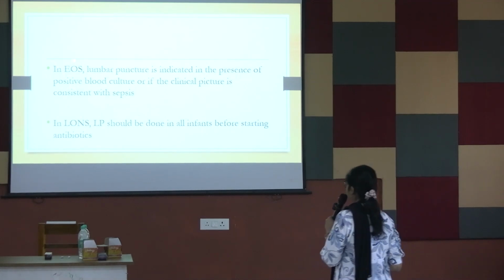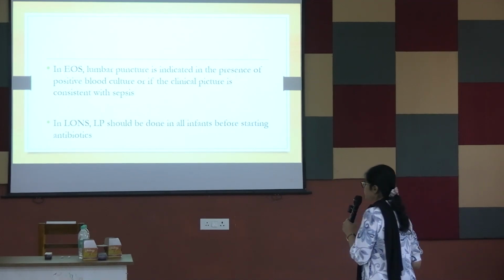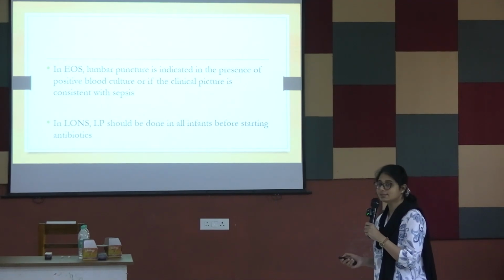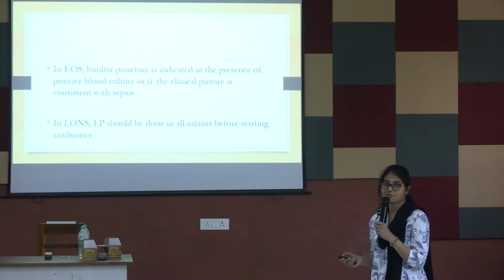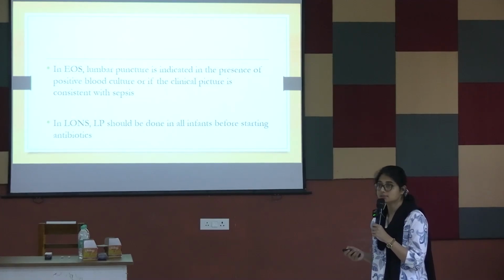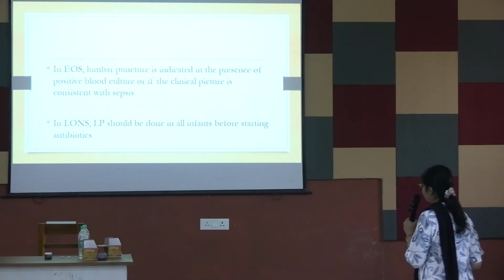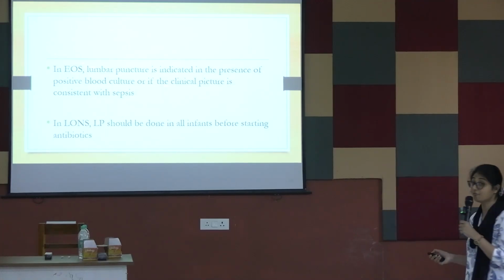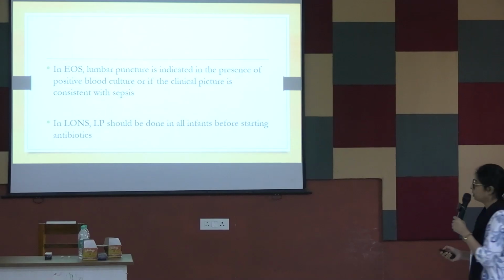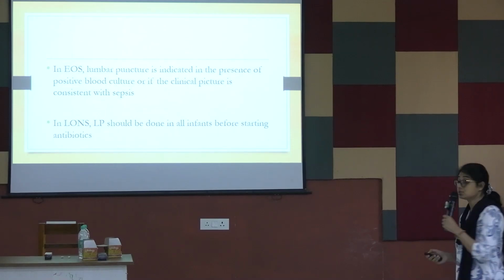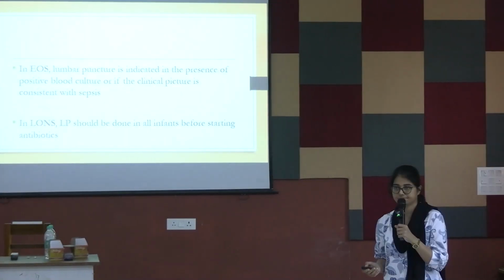Now, in early onset neonatal sepsis, when will we do a lumbar puncture? When will we examine the cerebrospinal fluid for symptoms or signs of meningitis? In early onset neonatal sepsis, lumbar puncture is indicated in the presence of a positive blood culture, or if the clinical picture is consistent with sepsis.